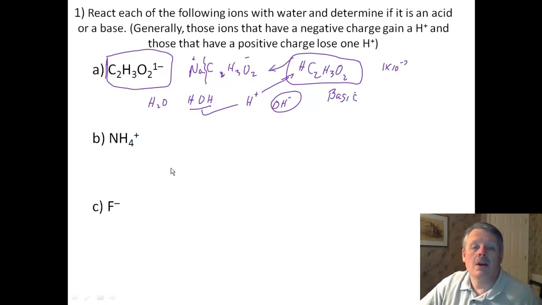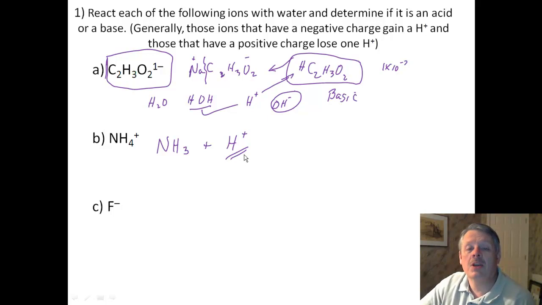Right. Now, if we look at something like NH4, this is again the one we did in the podcast earlier, right? That NH4 is going to break into NH3 plus an H plus ion. Well, now all of a sudden you can see you've got more H plus ions in the water than you have OH minus ions because NH4 is dissociating into NH3 and H plus ions.